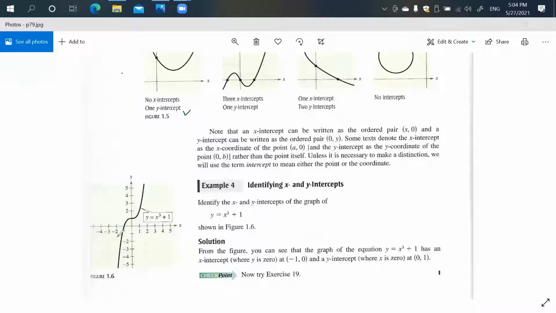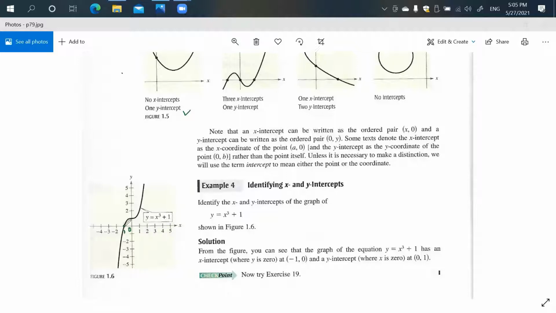So you see from the graph right now, you didn't plot the graph, but they give the graph for you and want you to read the x and y intercept. So you see this x-axis represents the x-intercept. So you see where the graph cuts or crosses the x-axis. At this point, correct? This one is 0, right? So this one is 1.